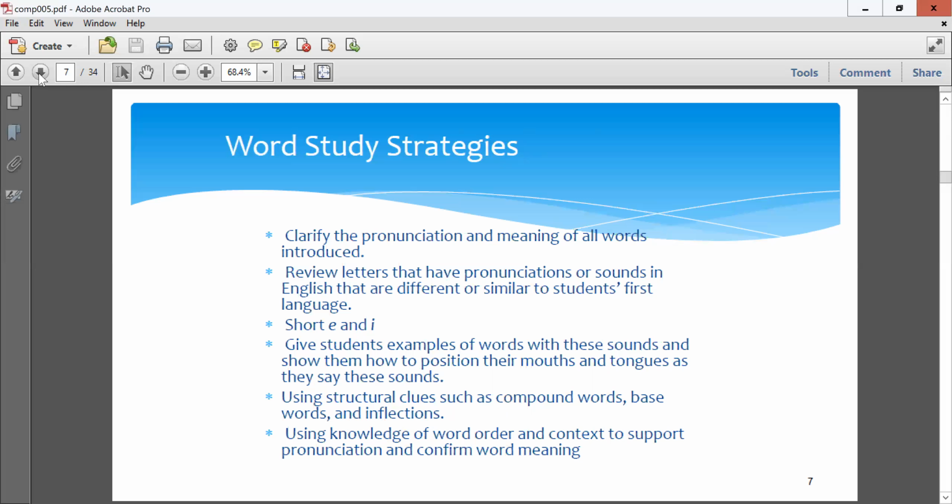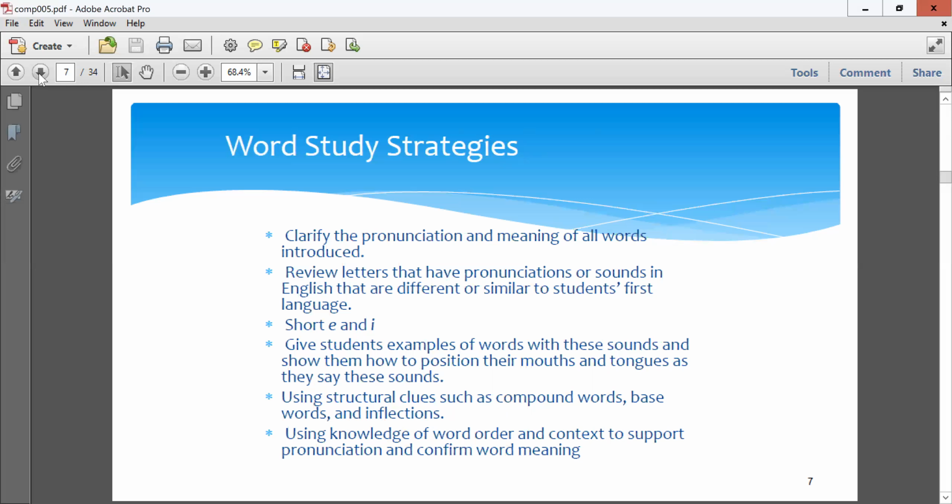And we talked about this in competency, I want to say competency 1, where we talked about the articulation of sound. Where do we position parts of our mouth or tongue in order to make these sounds? So that's critical not only to learn the alphabet, but in learning to read words.